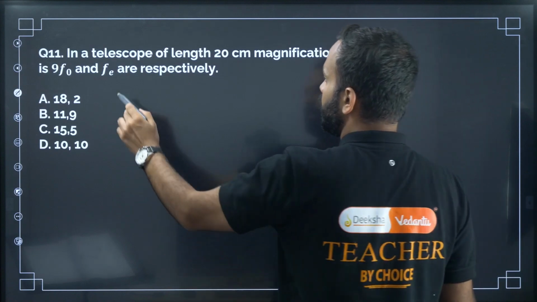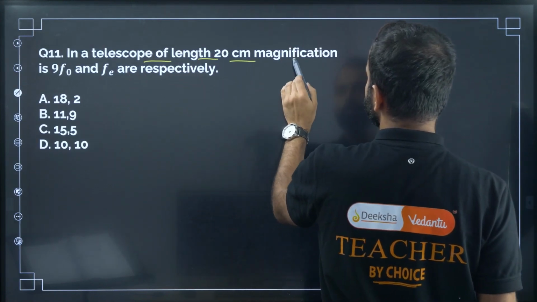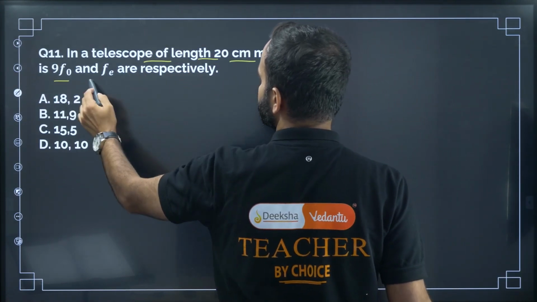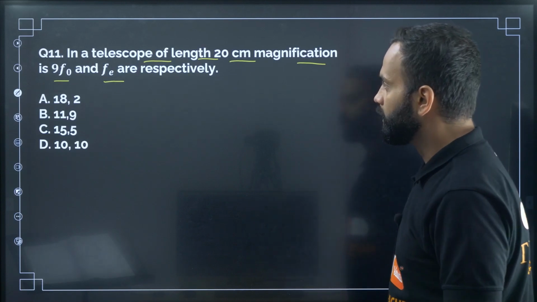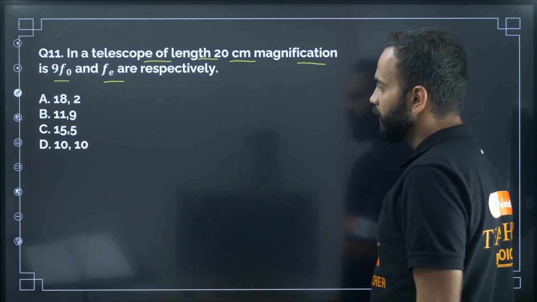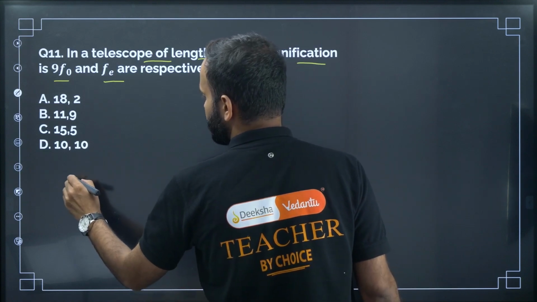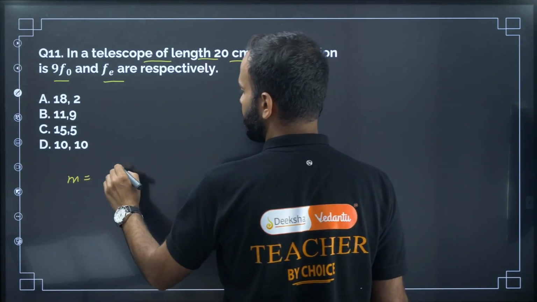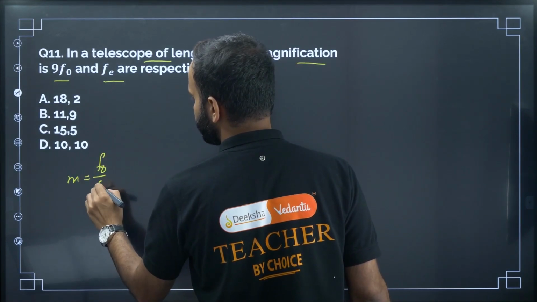Question number 11. In a telescope of length 20 centimeter and magnification 9, FO and FE are respectively. The same kind of question. We know that magnification of the telescope M is equal to FO by FE.